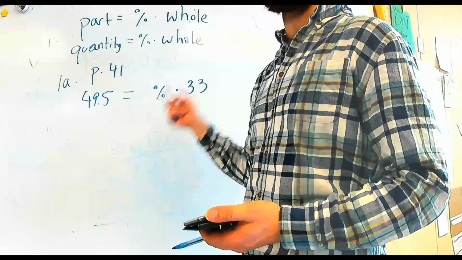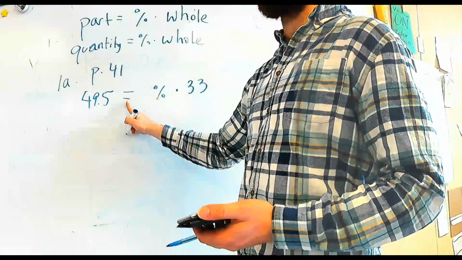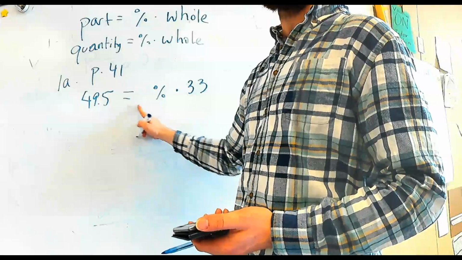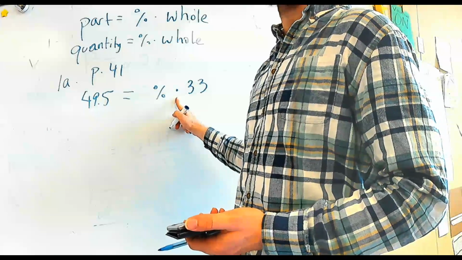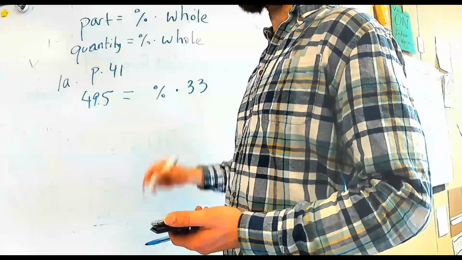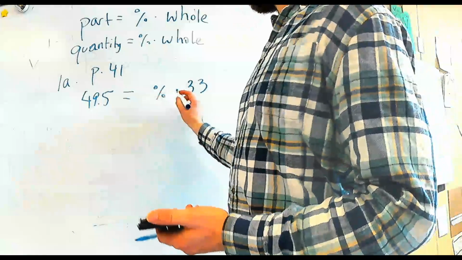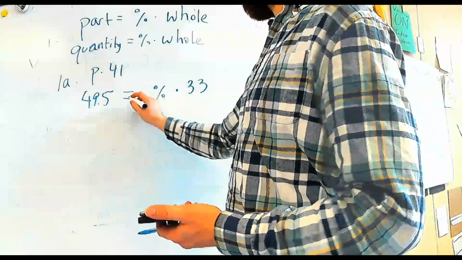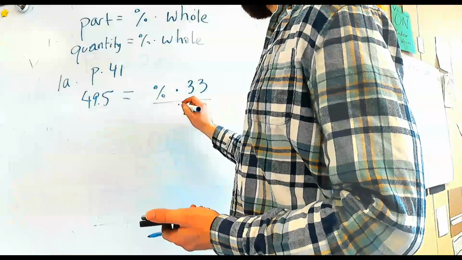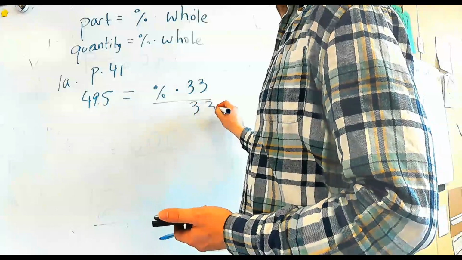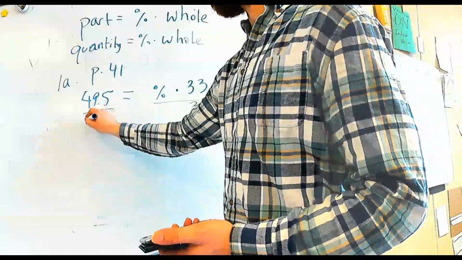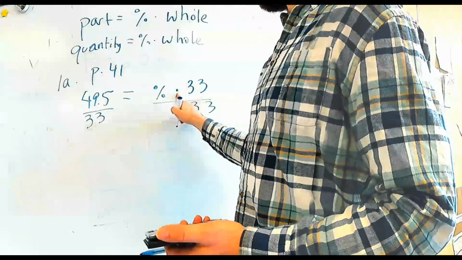I wrote it just like that. Remember, if you see is, you know that's an equal sign. If you see of, you know that's a multiplication sign. Let's find the percent. When we have a multiplication and an equal sign, we're going to solve for percent by dividing both sides by the opposite.